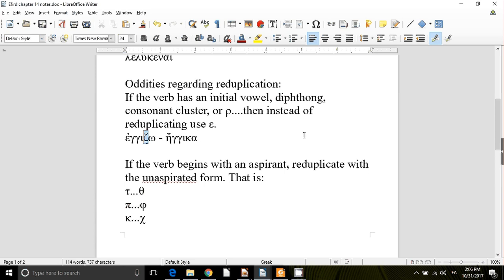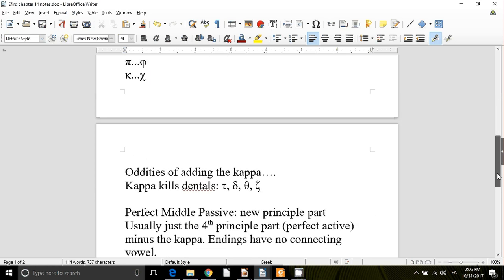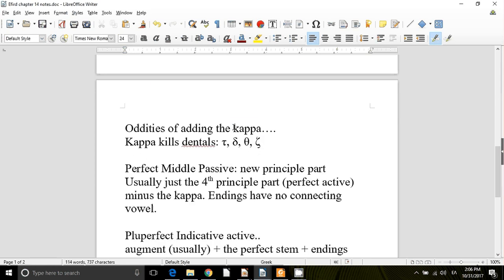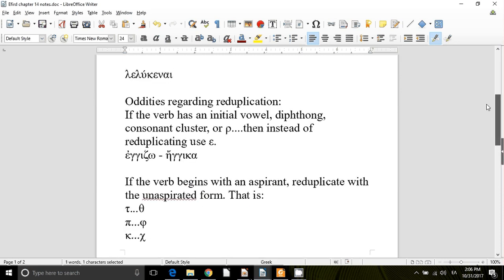Where'd the zeta go? Well, when I add the kappa, let me get down here a bit. Oddities of adding the kappa: kills dentals. So tau, delta, theta, zeta, all those are swallowed up by the kappa.